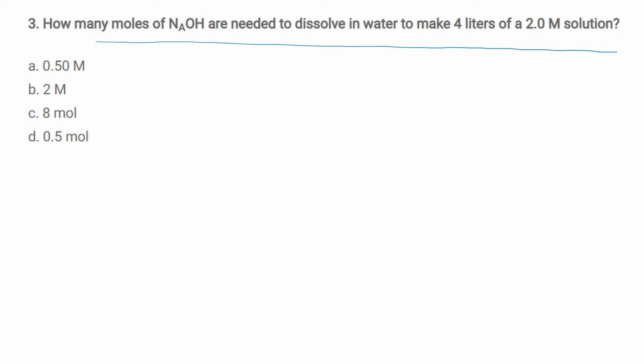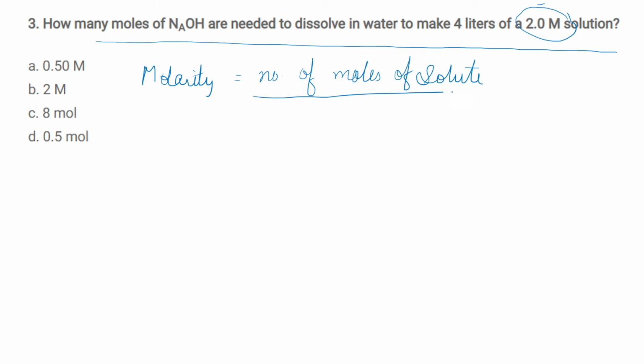I hope you guys have solved. So, molarity. Since they have mentioned a 2 molar solution, first you write the formula of molarity. Molarity is number of moles of solute by volume of solution in liters.